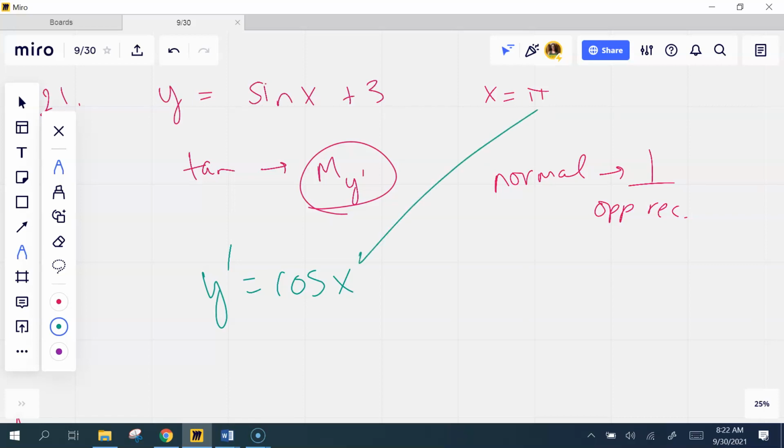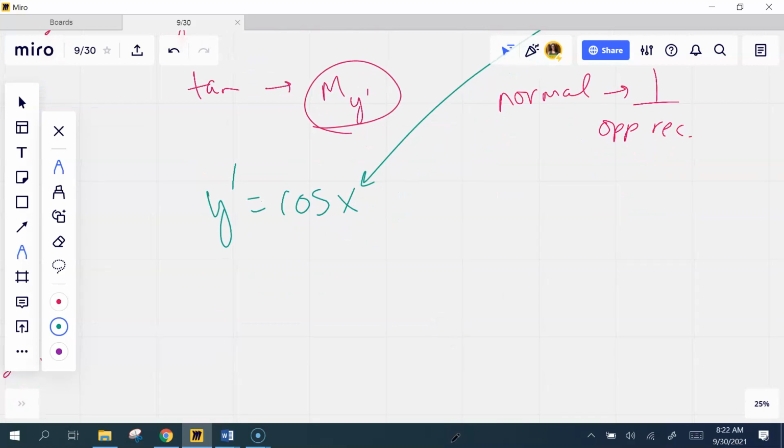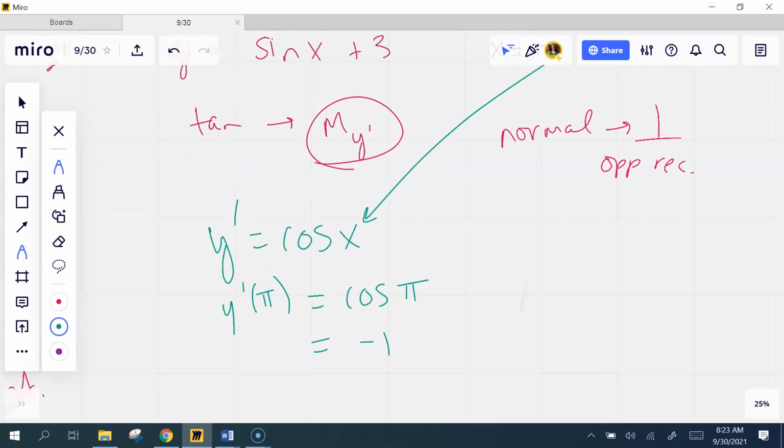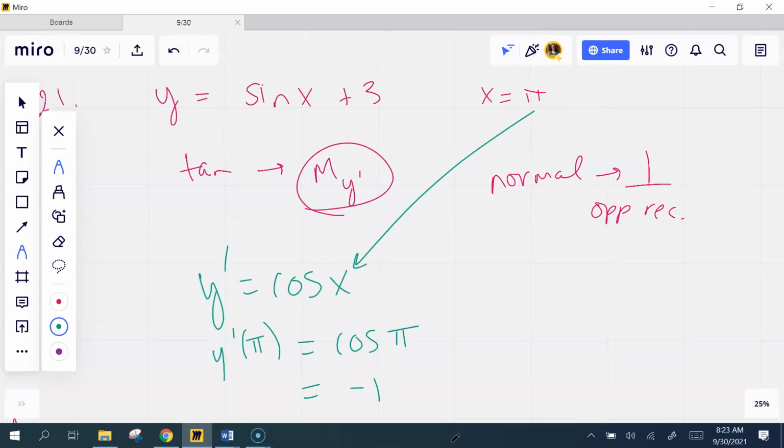If I do that at pi, what's the cosine of pi? To find a point, yes, you plug it into the first equation, but right now I'm finding the slope. The slope of the tan line is -1. So what's the slope of the normal line?